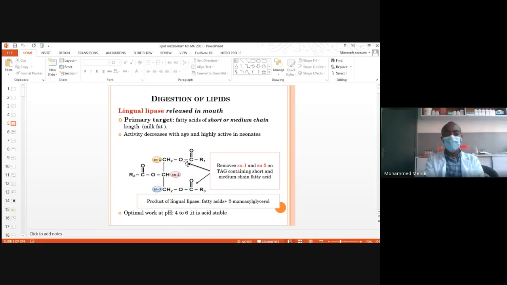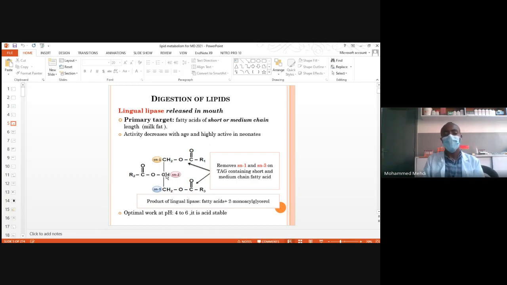This enzyme removes fatty acids at carbon number 1 and 3 of the triacylglycerol. It is not able to remove the fatty acid at carbon number 2. Finally, at the end of this enzymatic digestion, we will have 2 molecules of free fatty acid and 2 monoacylglycerol. The optimum pH for this enzyme is 4 to 6, which is acidic pH.